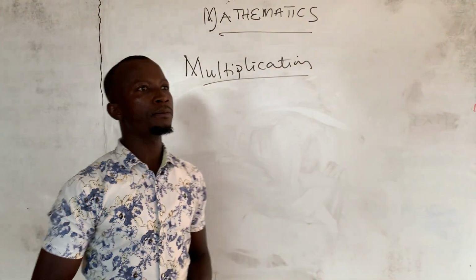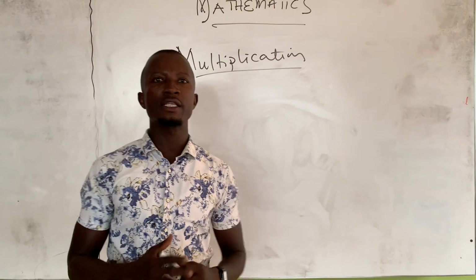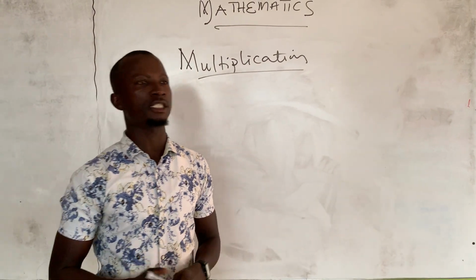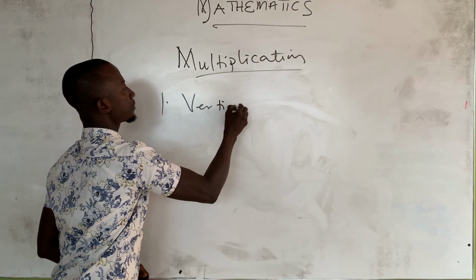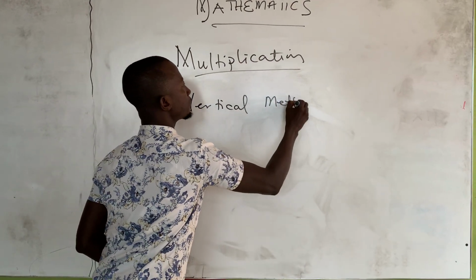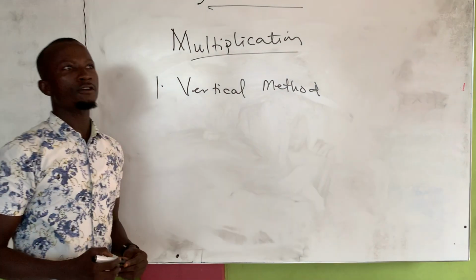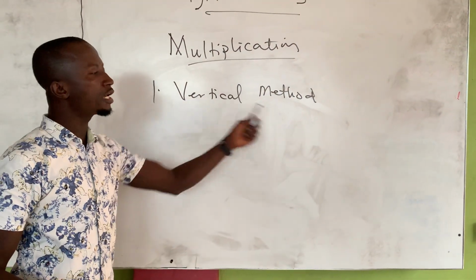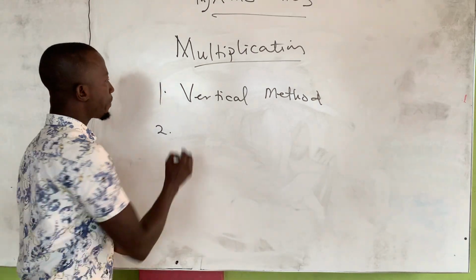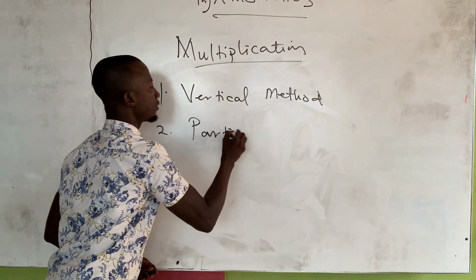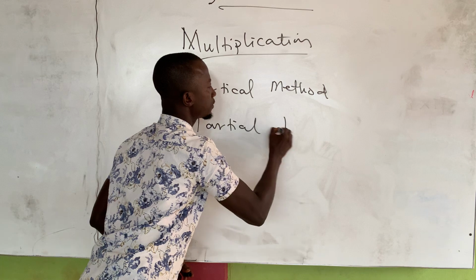Under multiplication, we have 4 different ways of coming out with the concept of multiplication. The first one is the vertical method. This method, you don't get it in any book. I have named it the vertical method. The second one is the partial decomposition.